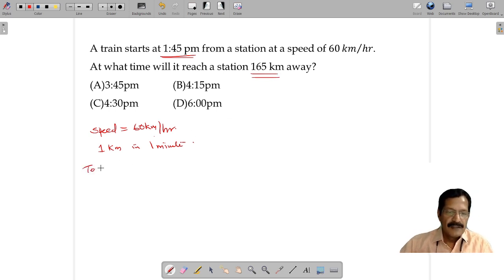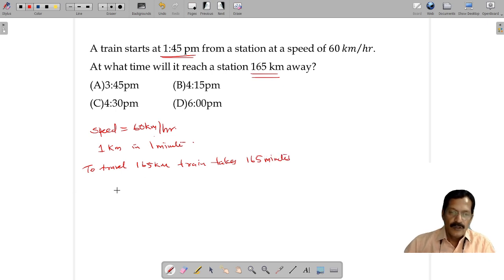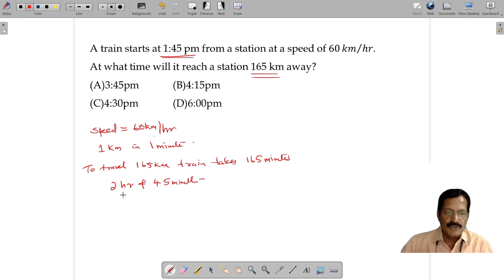So to travel 165 kilometers the train takes 165 minutes. 165 minutes means 2 hours and 45 minutes. You know that 2 hours is equal to 120 minutes, and 120 plus 45 is 165. So the train takes 2 hours and 45 minutes.